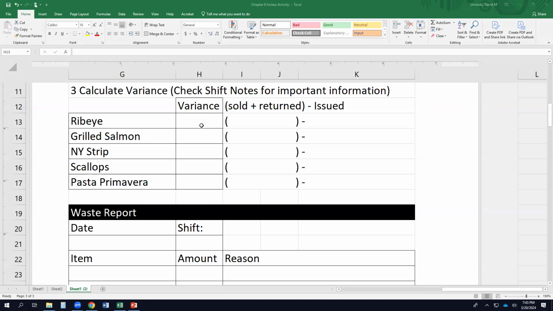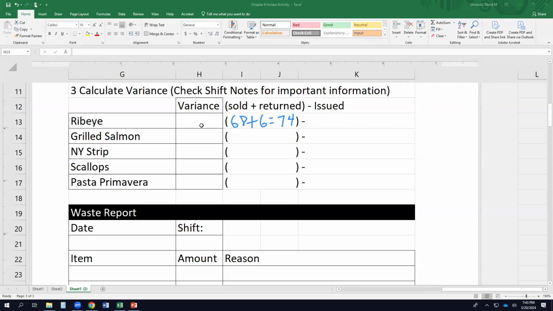How many ribeyes did we sell? So I sold 68. How many ribeyes did I return? Okay, so what is 68 plus 6? 74, right?